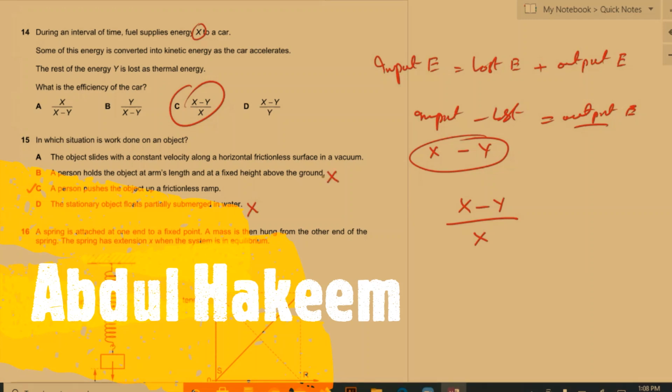The object slides with a constant velocity along the horizontal frictionless surface in a vacuum. So the force acting down, because the horizontal surface, the weight is down and the distance covered is in the horizontal direction. So the distance and the force are not in the same direction. So no work is done by the force. So C is the option.